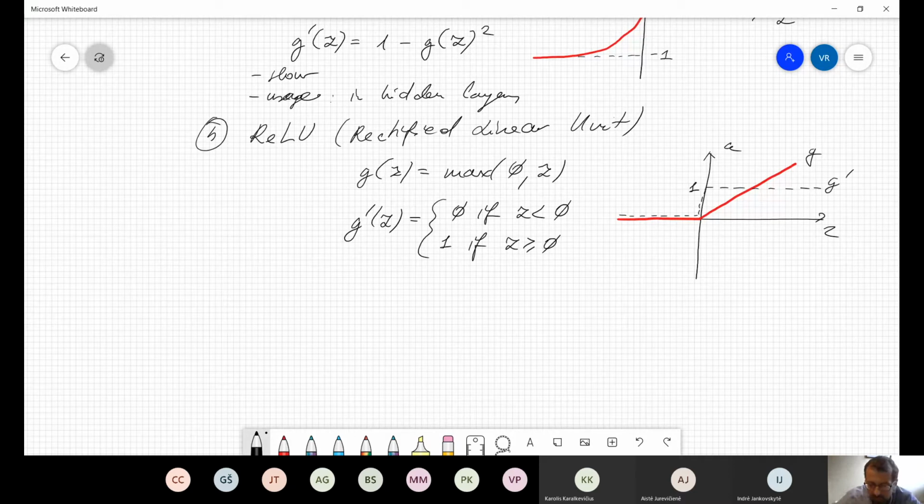This one does not saturate. It is fast. If you need fast convergence, if you need a fast network, if you want to calculate something fast, this is choice number 1. If you want fast calculation, this is what you choose to try out.